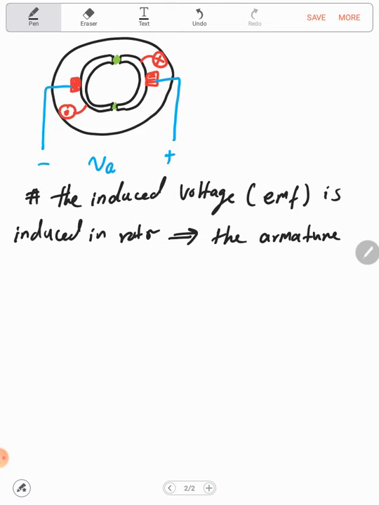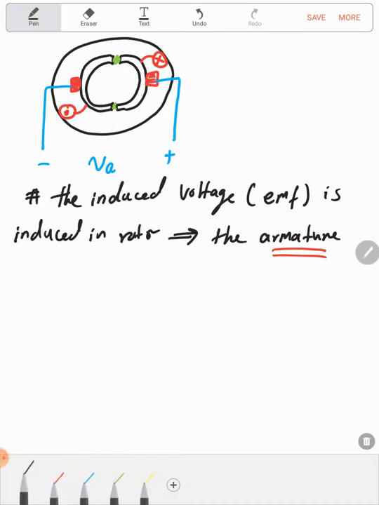While if we recall in the AC machine, either induction or synchronous, the place where the voltage is induced is the stator. So simply in the 3-phase synchronous machine or induction machine, the stator is the armature. So simply the armature is related to the place where the EMF is induced. And in the DC machine, the field windings are placed on the stator.